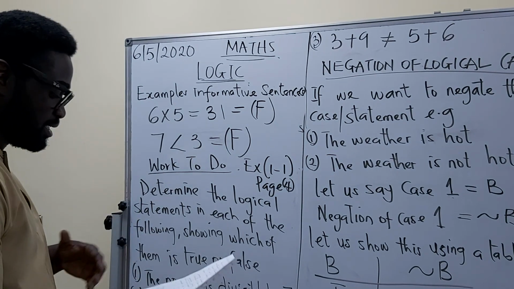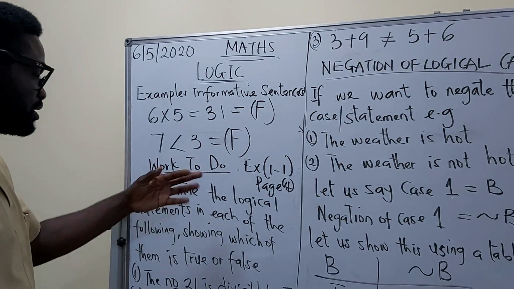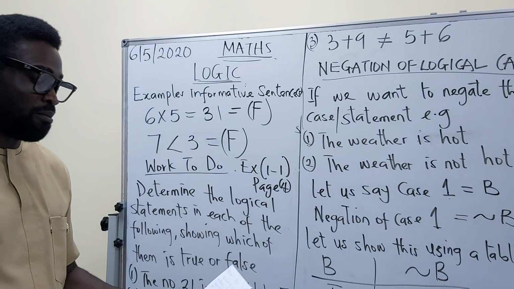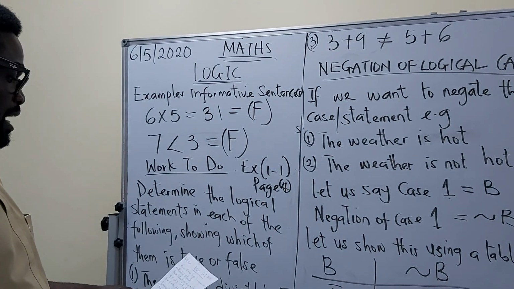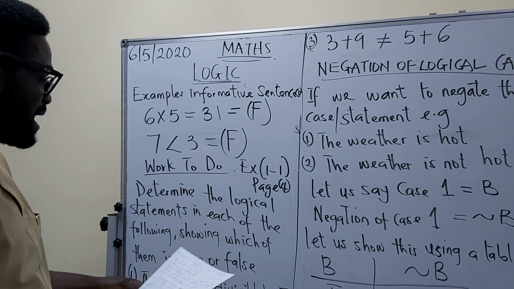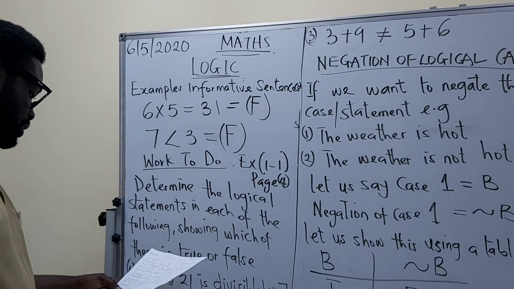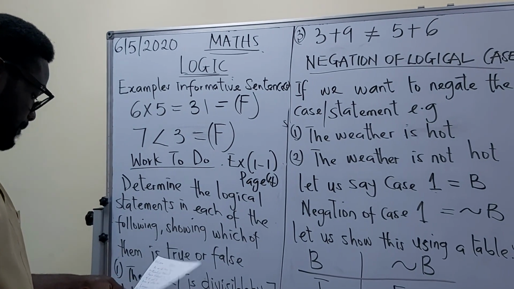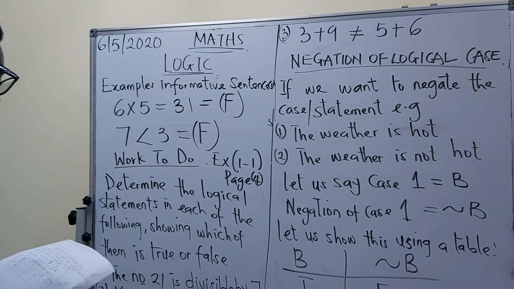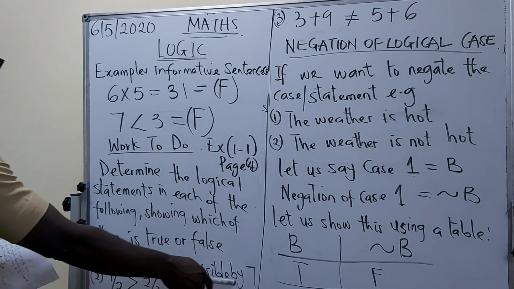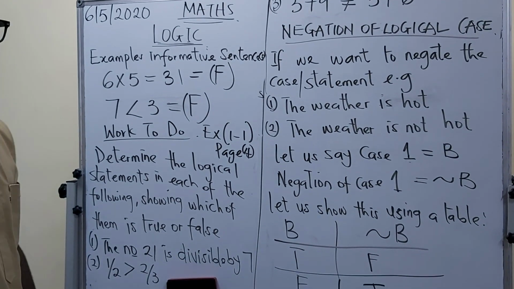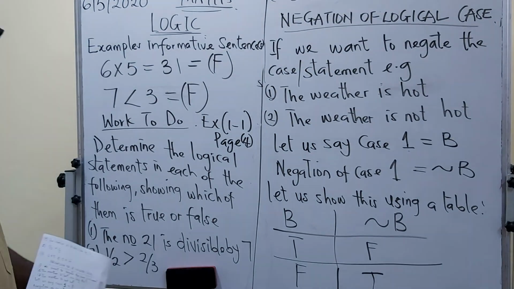Then after this, don't forget I gave you work to do just to test your mind if I actually have a little impact on you. The work to do says the number 21 is divisible by 7. It's either you tell us or you judge the case as true or false.